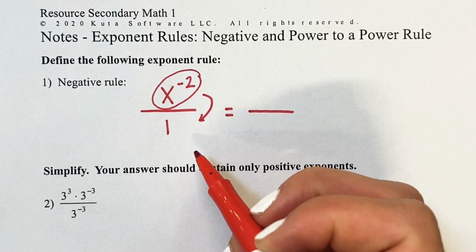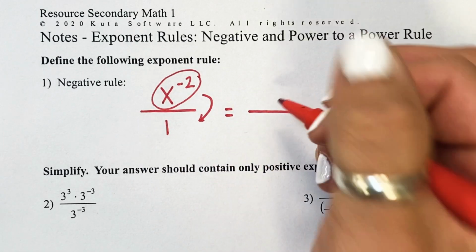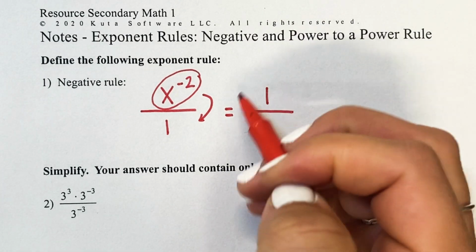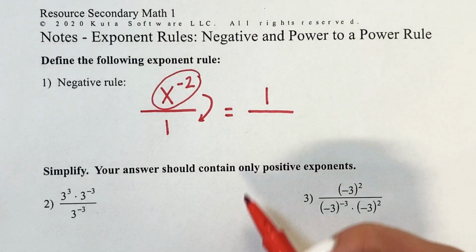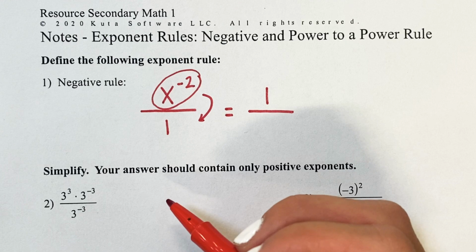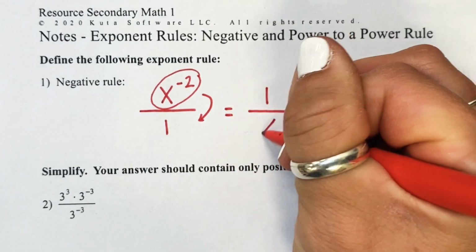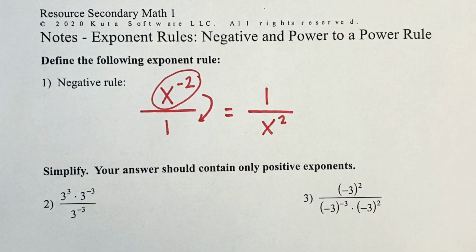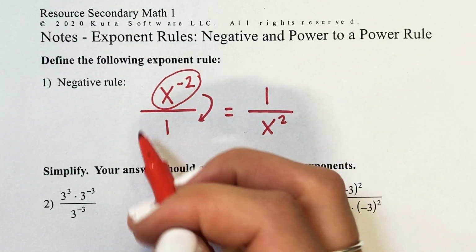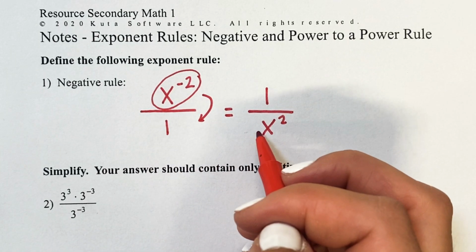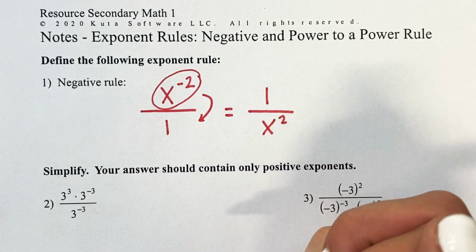Hint, it's the creepy invisible number. You got it, it's 1, and when our 1 is on top, we have to write it. And since x to the negative 2 moved, it now becomes positive. We don't need to write that 1 anymore because 1 times anything is just itself.